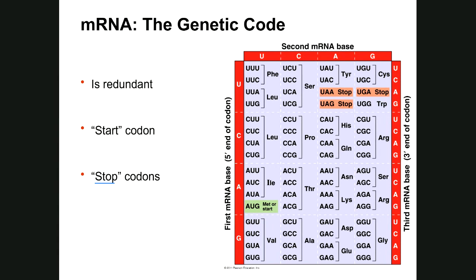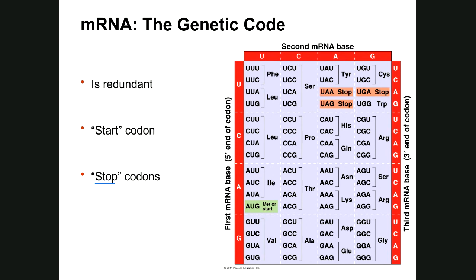Don't want it to be too short, don't want it to be too long. If not, when it becomes part of an active protein, well, the protein's not going to be active. It'll either be inactive or it will function incorrectly.